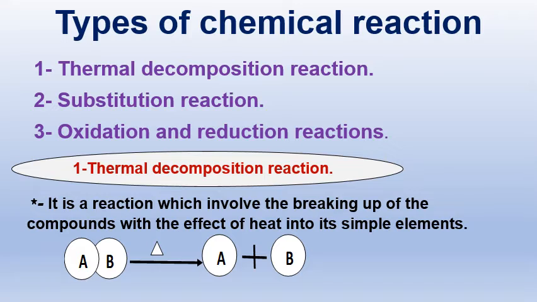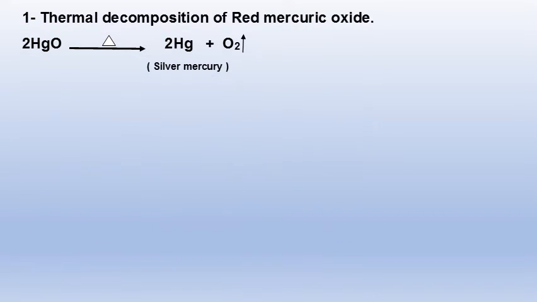Let's go to see different examples of thermal decomposition. Number 1, thermal decomposition of red mercuric oxide. Pay attention. Mercuric oxide, its chemical formula is HgO. This is mercuric oxide, and its color is red.